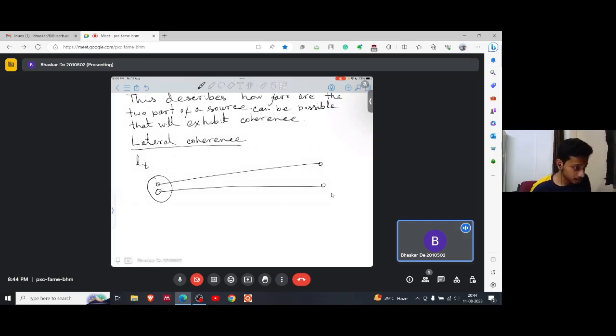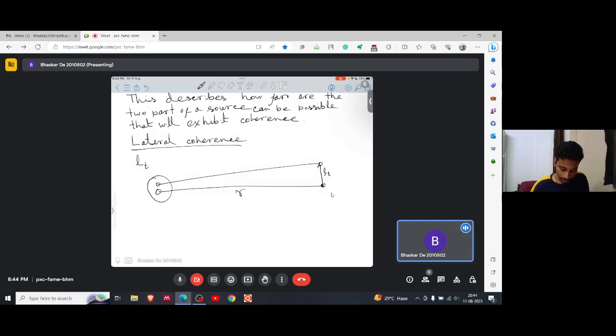So after a certain distance this beam will expand, and this is the LT and this is the R. Okay, so assume that the two sources are separated by a distance s in the transverse direction to the direction of observation and by a distance r from the point of observation.